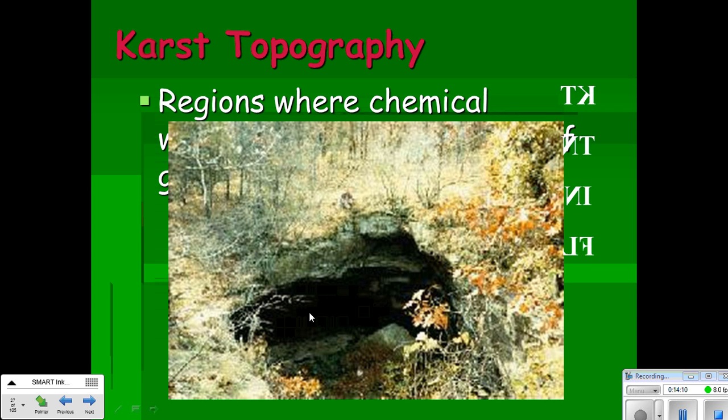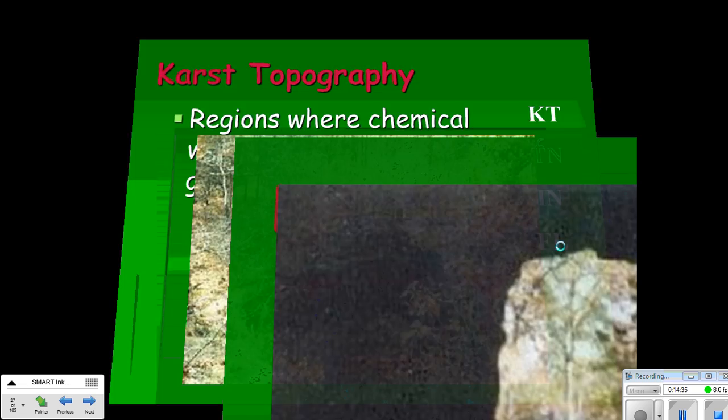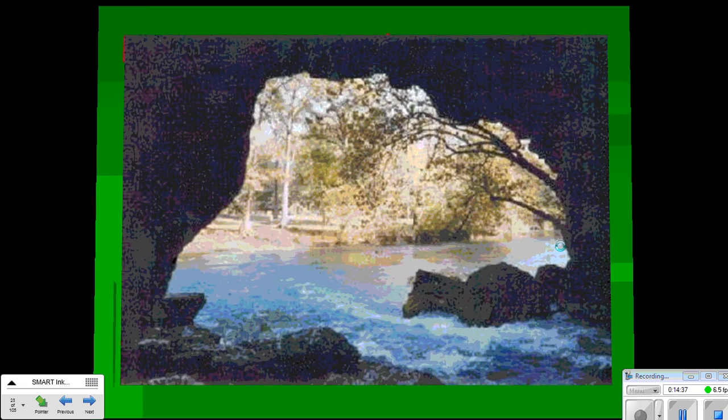And karst topography is mainly known to be in these 4 states, and that's what those 4 blanks are on your notes: Kentucky, Tennessee, Indiana, and Florida. Again, Kentucky, Tennessee, Indiana, and Florida. We do have some karst topography in Virginia, but it's not one of the biggest states that's known for it. Here's some more pictures.